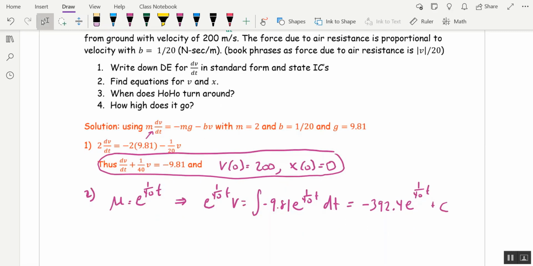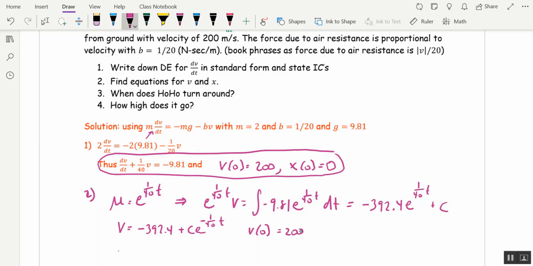All right, and so now divide both sides by mu to get v equals negative 392.4 plus c e^(-t/40), and use v(0) is 200 to solve for c.